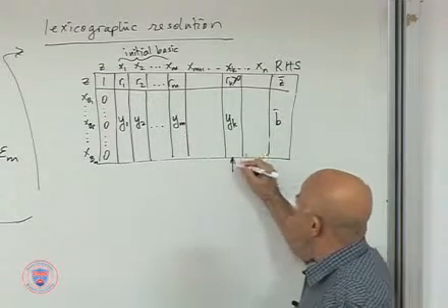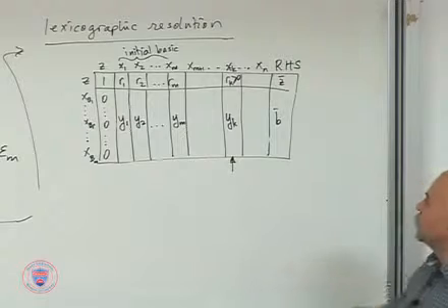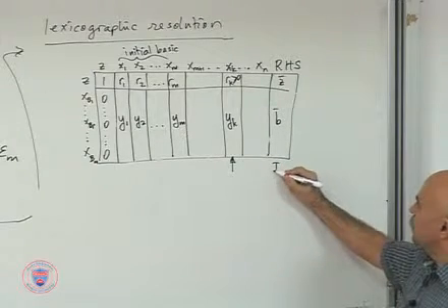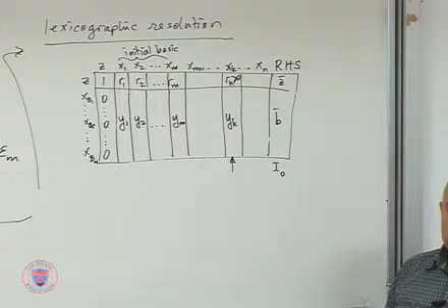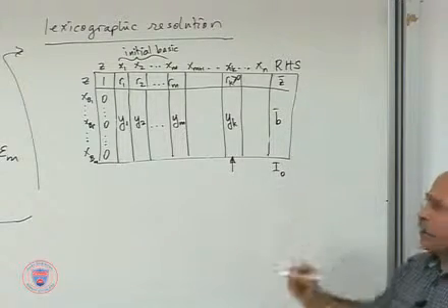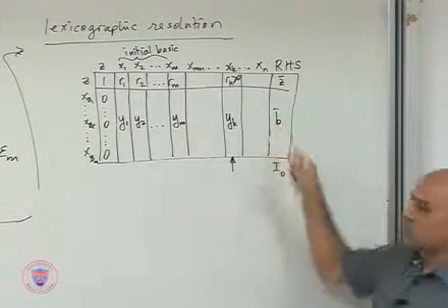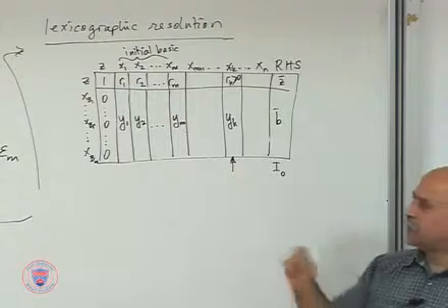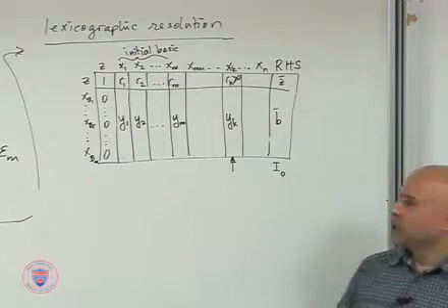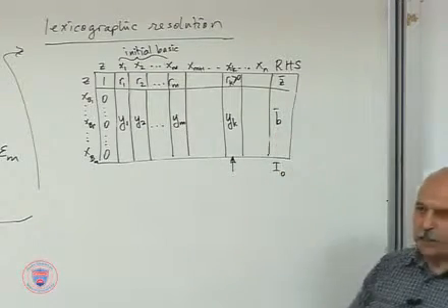This is my entering column. So what we do is we initially use the current right-hand side column to identify those row indices which qualify for the minimum ratio. So I sub 0 is the set of row indices for which the minimum ratio is attained.